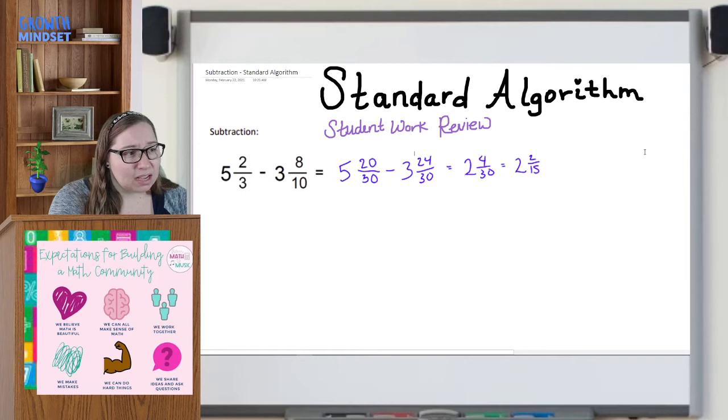In order for us to be able to solve this, we're actually going to need to convert to improper fractions. Part of the standard algorithm is converting to improper fractions. There's a lot of multiplying involved. It can get messy sometimes, okay?